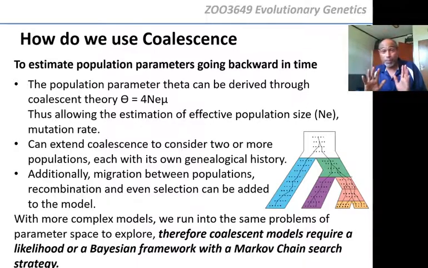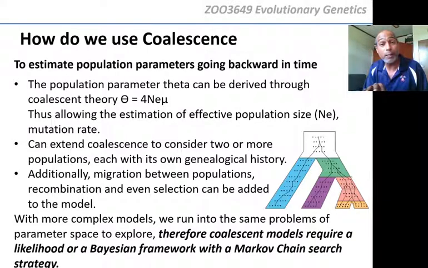Okay? And what happens when you have these complex models? You need a Markov chain because it is impossible to search the whole parameter space to find the right genealogy and the right population parameters. Okay? Because now your coalescent model is much more complicated than just a simple tree. A simple tree doesn't have the population information. Right?